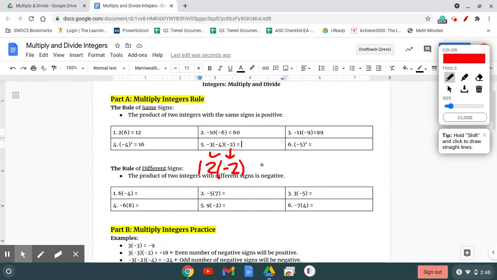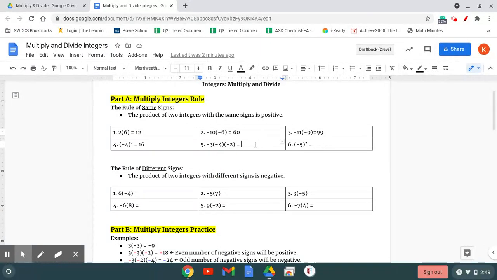So we have one positive and one negative. One positive, one negative equals a negative. So what is 12 times 2? 12 times 2 is 24. We have one negative, so we're going to bring that up. So our answer is negative 24.